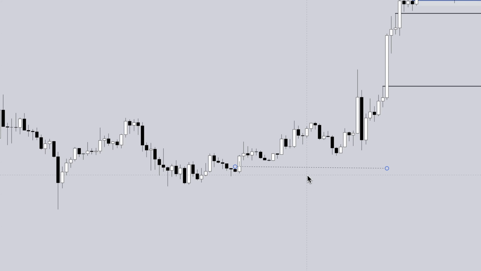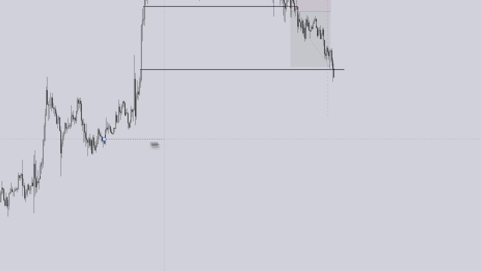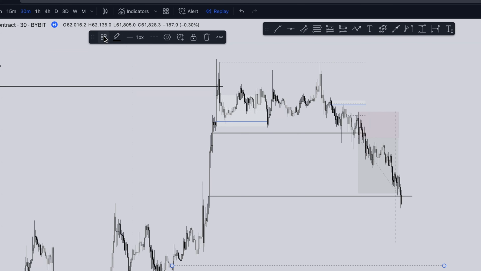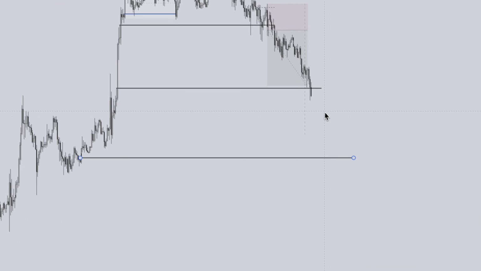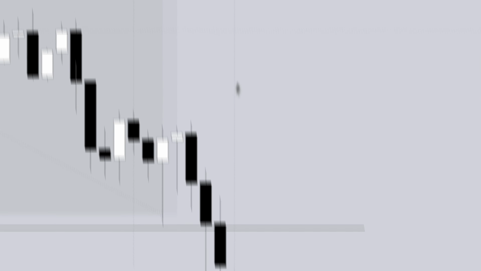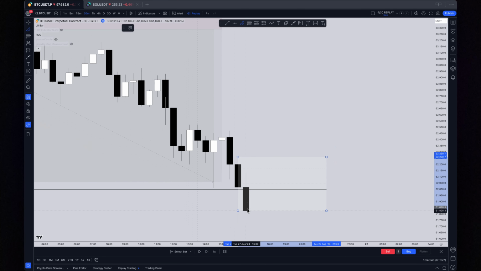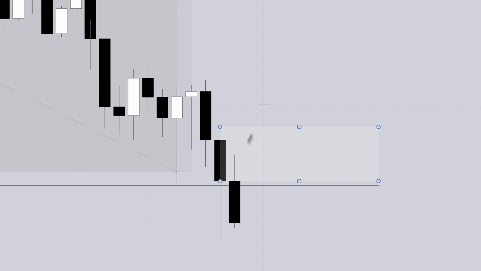Is that correct? Yes. Okay. And then we want to look for trades ideally in there, but really in there. I'm going to say that.